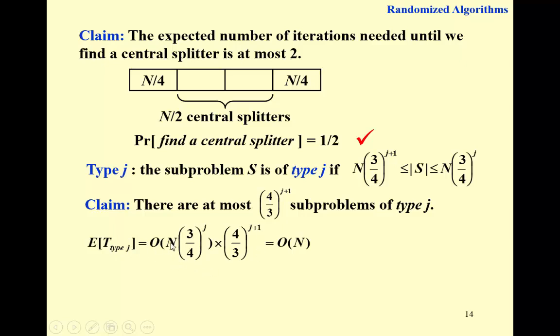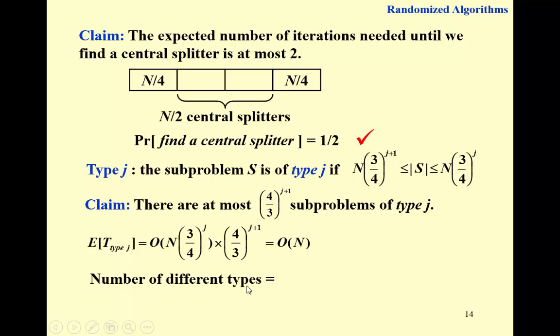This is the linear scan time. That's big O of the upper bound of the sides times this is the total number of subproblems of type J, right? And they just canceled out somehow and leave us a final result of big O of n, some constant times n. All right? So this is the expected runtime for only the type J subproblems.